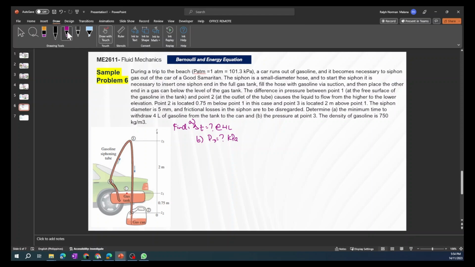Okay. We're given the density of gasoline at 750 kilograms per meter cubed. What else can we observe? We're given atmospheric pressure, and both point 1 and point 2 are exposed to atmospheric pressure. So that's going to be atm. The velocity at point 1 is relatively, it's going to start at 0.